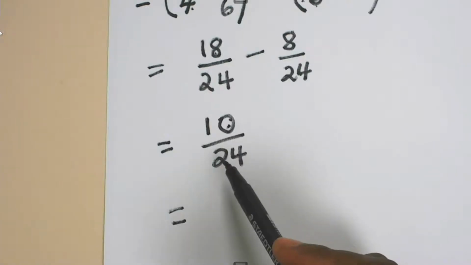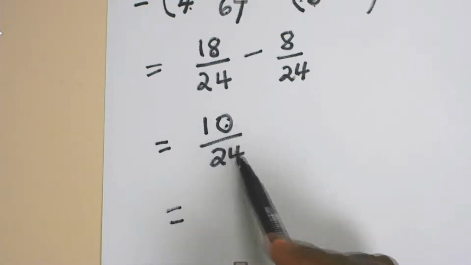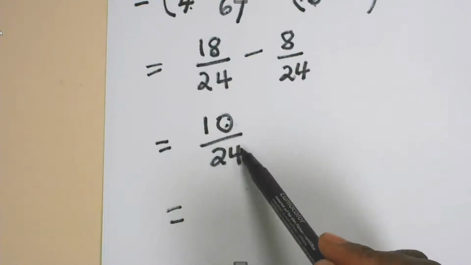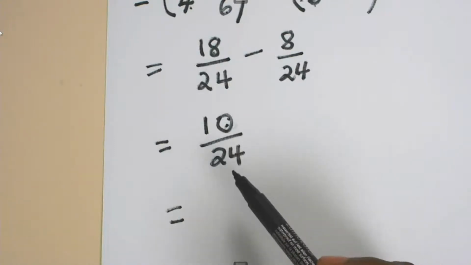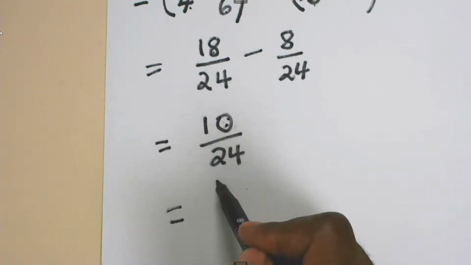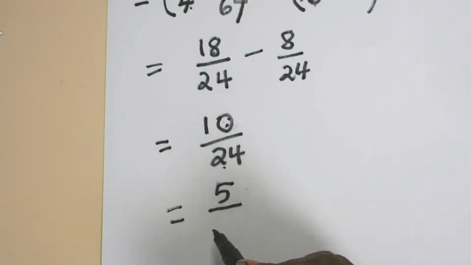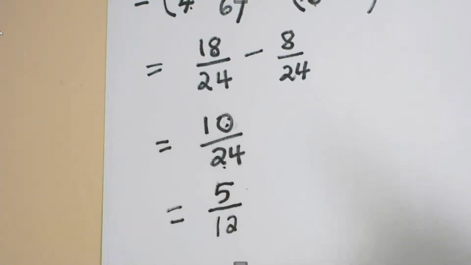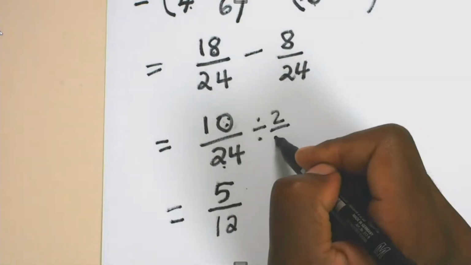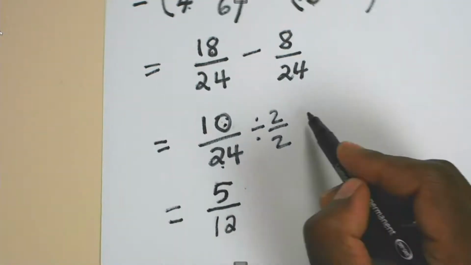So in this case, except 1, again, remember guys, we cannot use 1. Now we can see that 2 can go into these two numbers without leaving any remainder. 2 goes into 10 5 times, and 2 goes into 24 12 times. Or this is the same as dividing by 2 on both sides. This then gives you 5 out of 12.